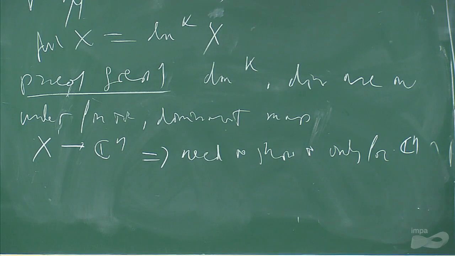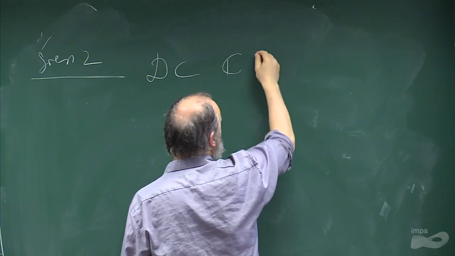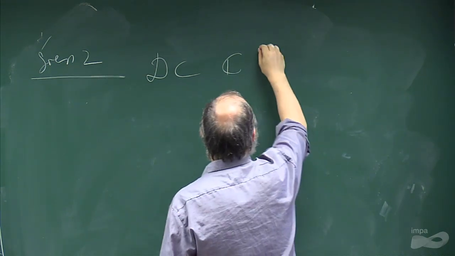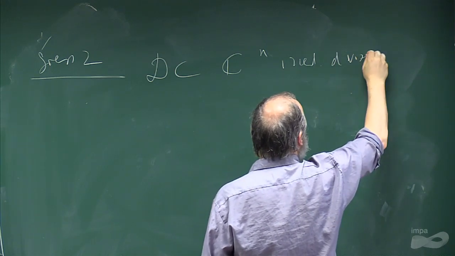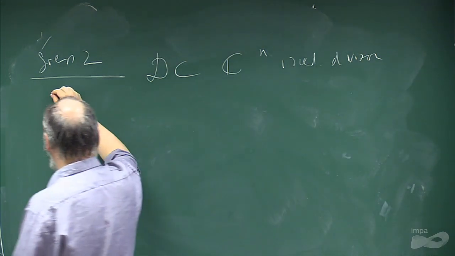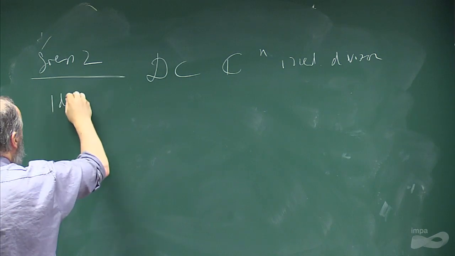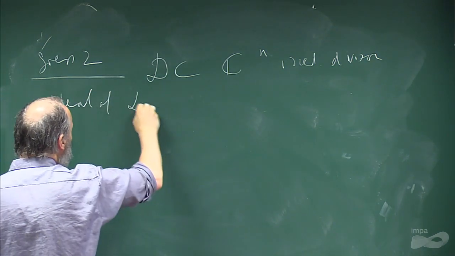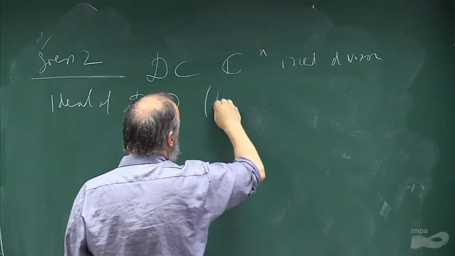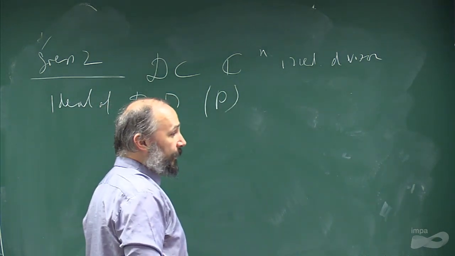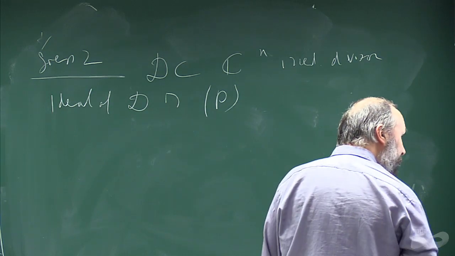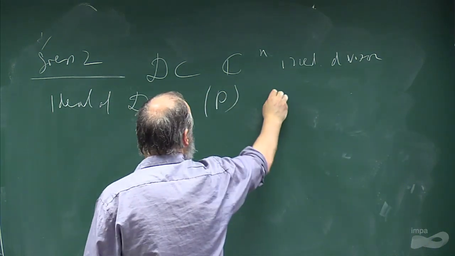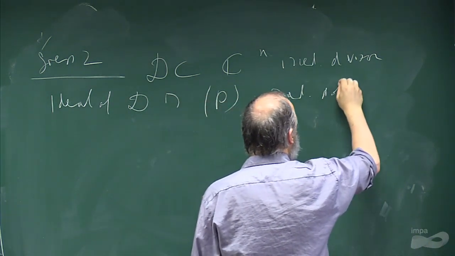Suppose you have D inside C^n, an irreducible divisor. Then the ideal of D is principal, generated by an irreducible polynomial.